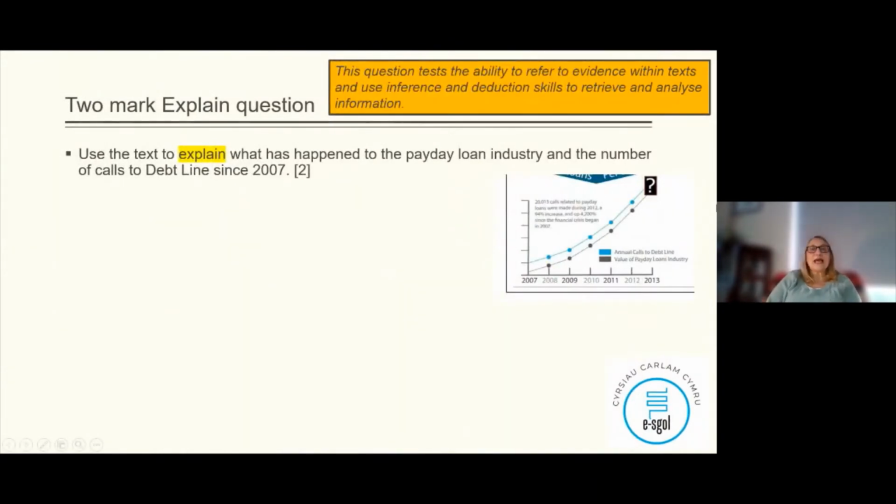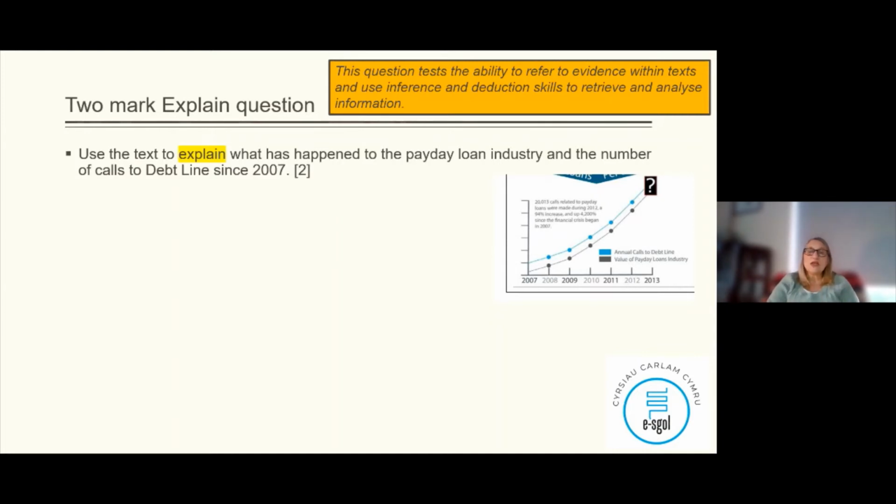It says use the text to explain what has happened to the payday loan industry and the number of calls to debt line since 2007. The simple option would be to just say both of them have gone up. The value of the payday loan industry has gone up, and also the annual calls to debt line have gone up.